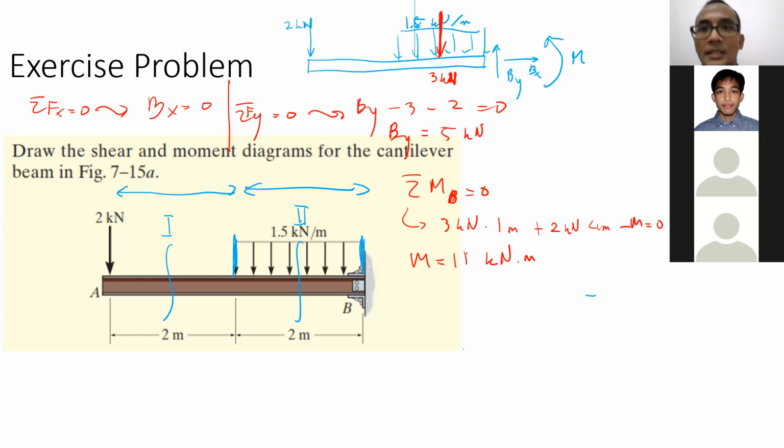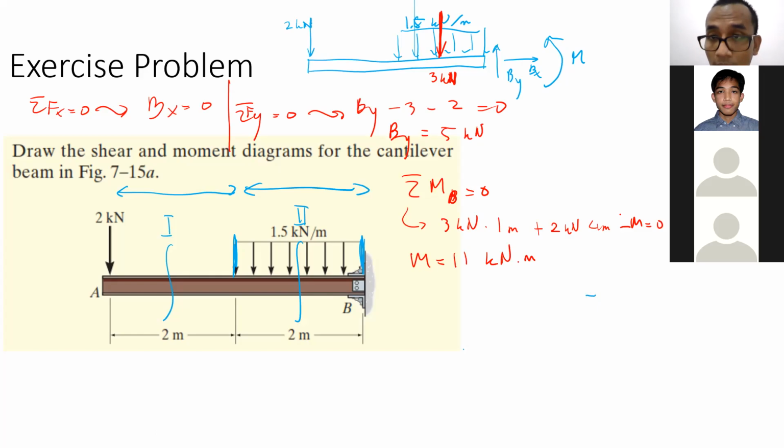So we will have no Px, we will have By equal to 5 kilonewton going up, and a moment 11 kilonewton. Sorry, this one is minus m, right? I made a mistake.